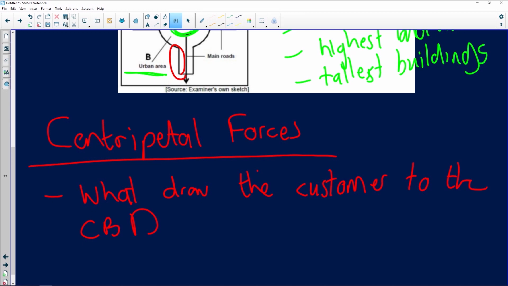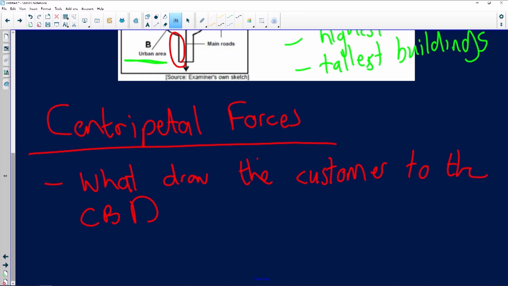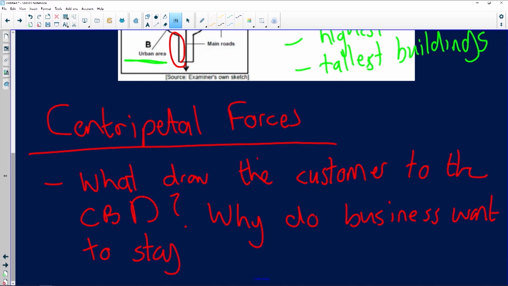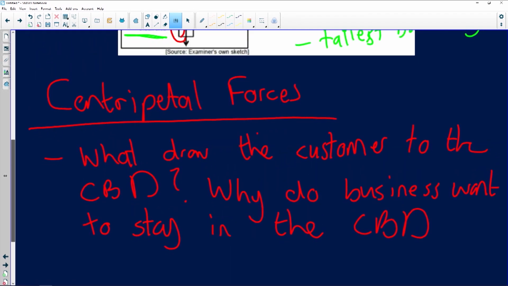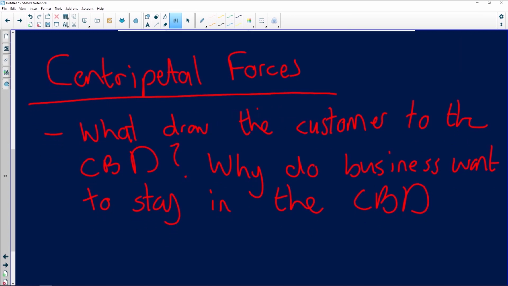And the next question we need to ask ourselves: why do businesses want to stay in the CBD?